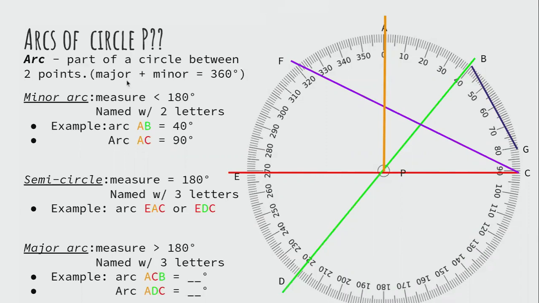The measure of a major arc and a minor arc together should be the whole circle, because the minor arc is the smaller piece.